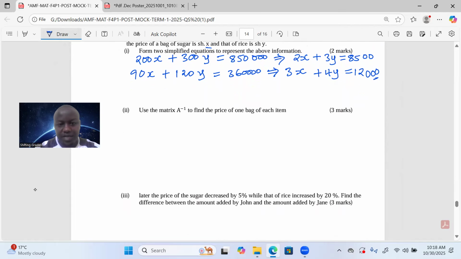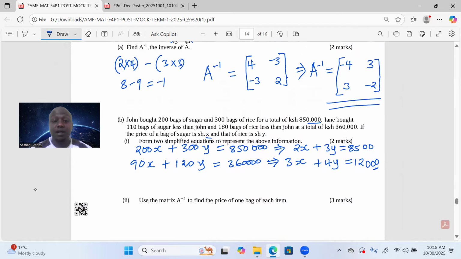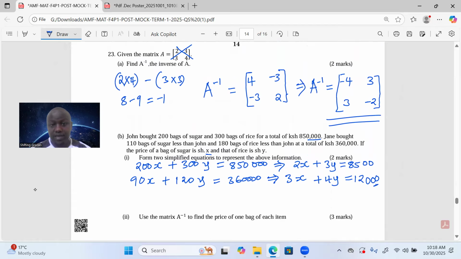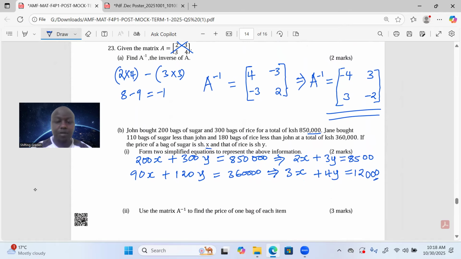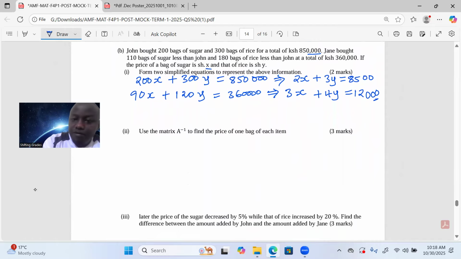Use the matrix inverse of A to find the price of one bag of each item. Remember this. In case you fail to simplify well, you will not be able to use the matrix that was used up there. When you extract the matrix equation from the coefficients, we extract what we call a coefficients matrix.